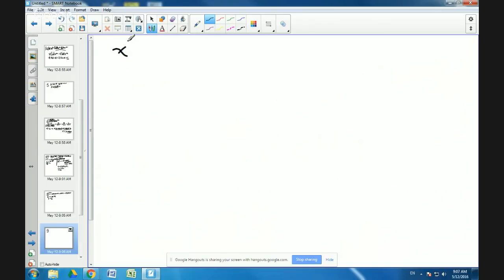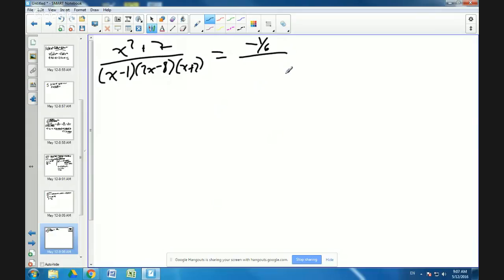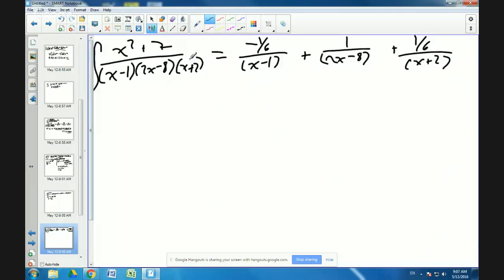So now we have (x squared plus 2) over (x minus 1)(2x minus 8)(x plus 2) equals -1/6 over x minus 1 plus 1 over 2x minus 8 plus 1/6 over x plus 2. So now we can integrate both sides with respect to x.